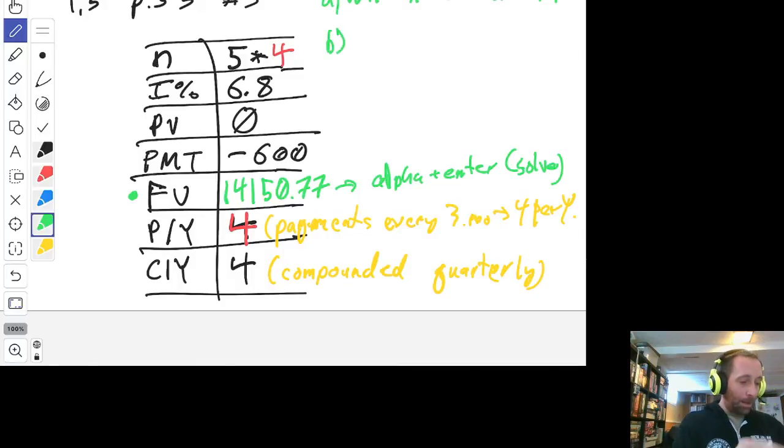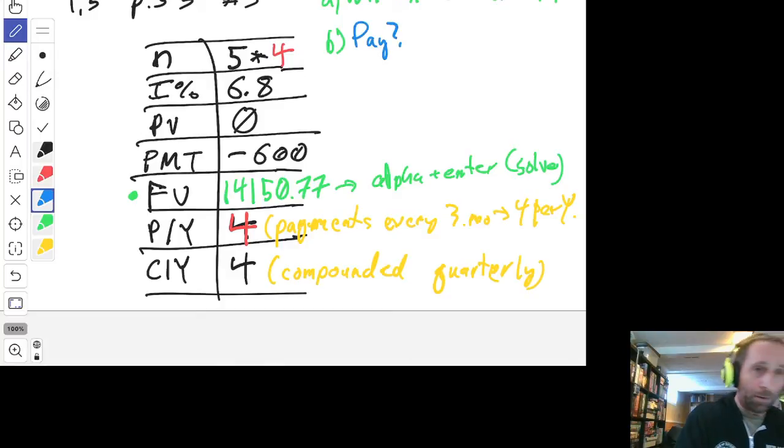The B asked how much interest will he have earned. So to figure out how much interest has been earned, we need to figure out how much he paid, and then from that, we can find the difference between what was paid and what the total value was in the account. So how much did he pay for this investment?